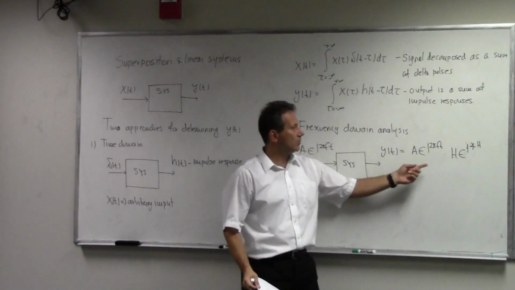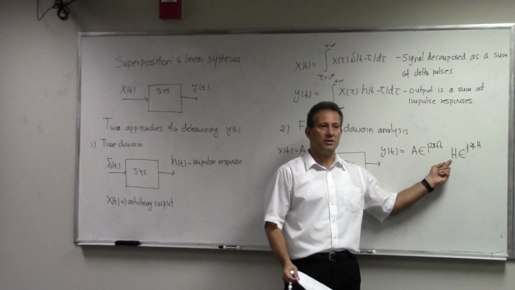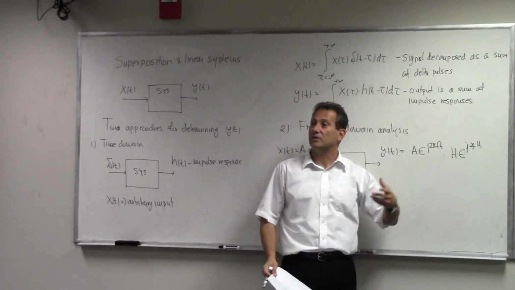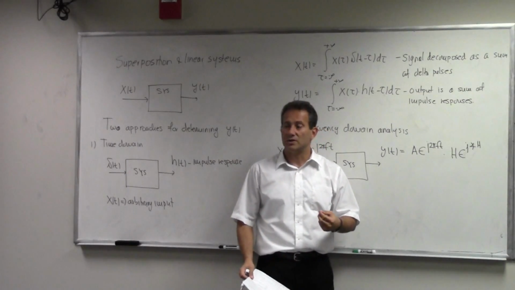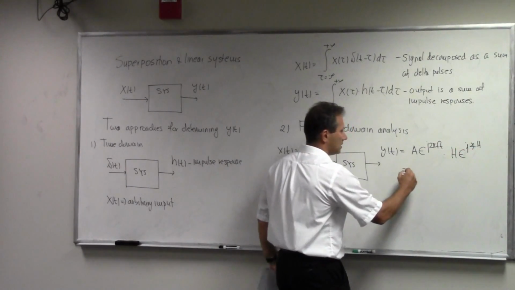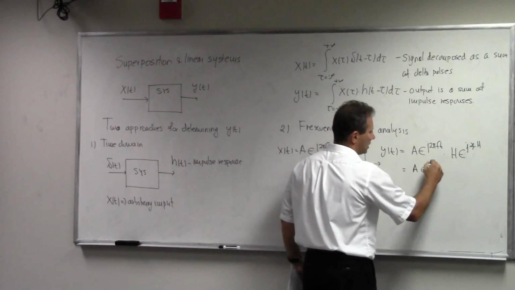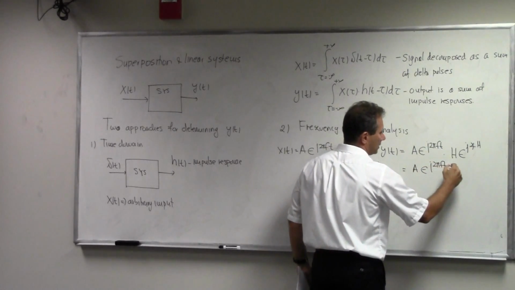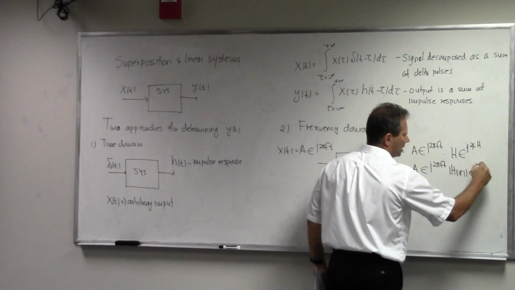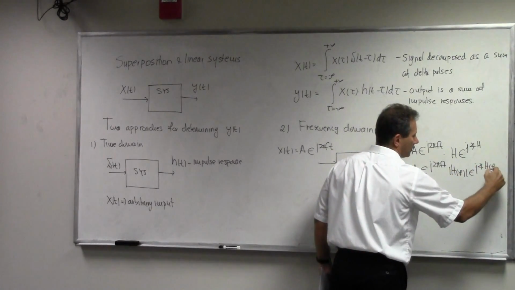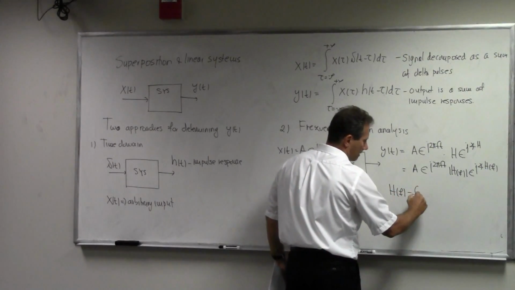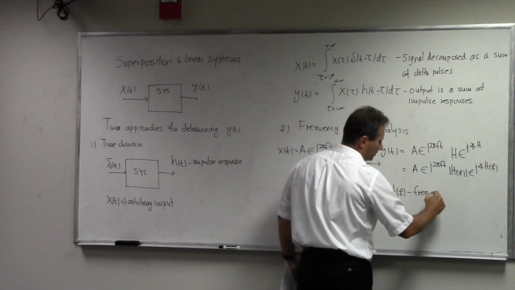Now, in the general case, both these numbers, this constant that changes magnitude and the constant that adds to the phase, will depend on frequency, right? So this, usually we would write as e to the j 2 pi f t, times the magnitude of h of f, e to the j angle of h of f. This h of f, what do we call that? We call that frequency response.